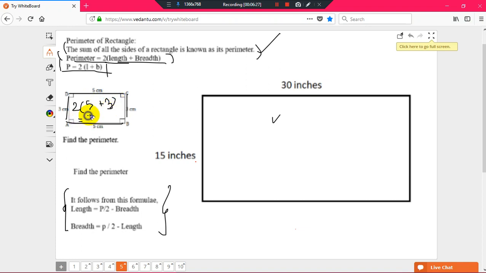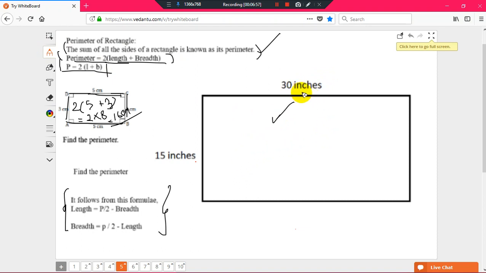That is 2 into 8, that will be 16. So 16 centimeter. I kept centimeter because they have given centimeter in length and breadth. If they have given inches, we keep inches only, not feet or mile.